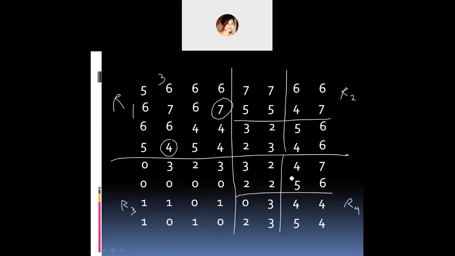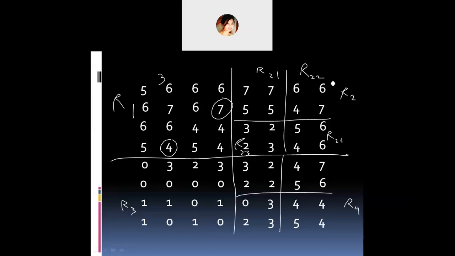Now, this is R1 as a whole. This is R2, but R2 is also subdivided again into regions, so let's name them R21, R22, R23, and R24. If this were subdivided again, you would have to name it accordingly, like R2 1.1, R2 2.2.